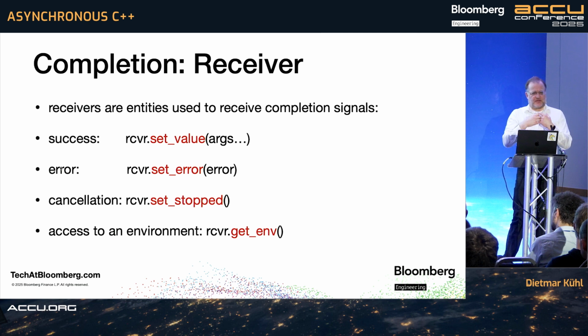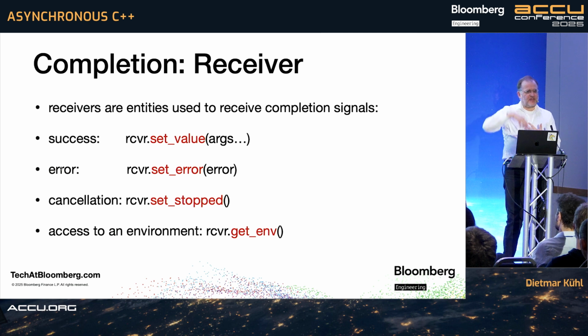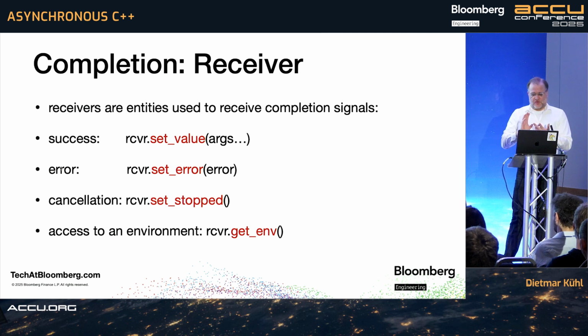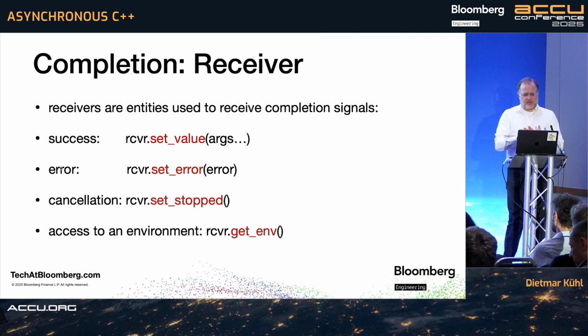Typical things inside this environment are things like a stop token, which tells us how to cancel that thing. Or there could be maybe a database connection. This is not a standard thing, but you can extend things to basically say, all right, I want to get a database connection, or whatever context you need.